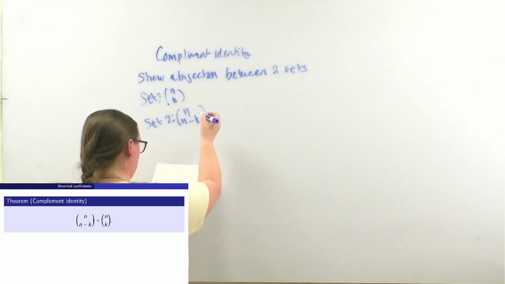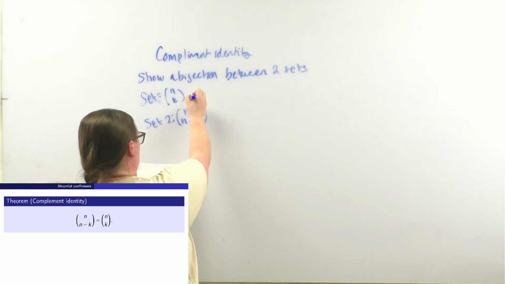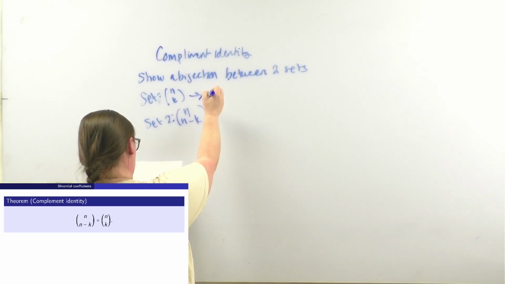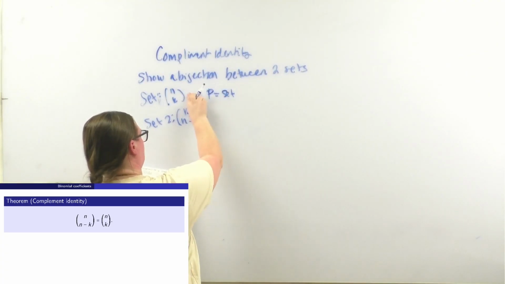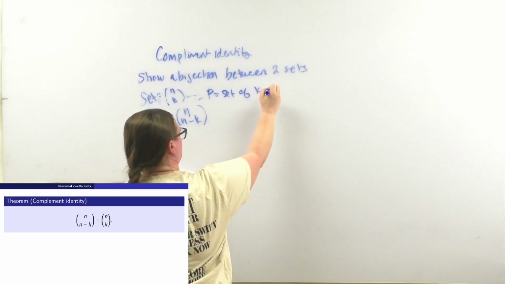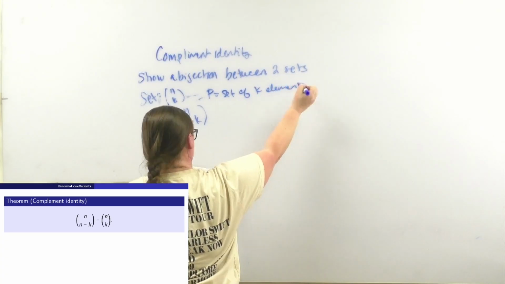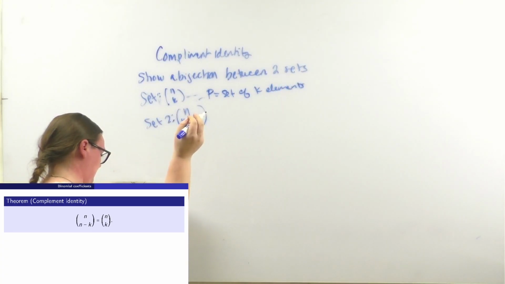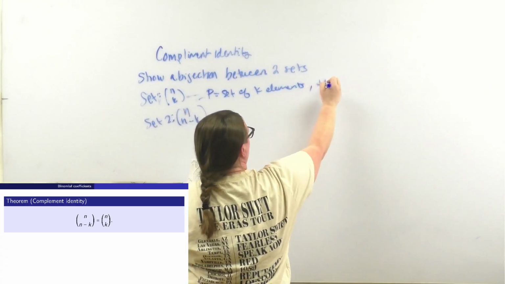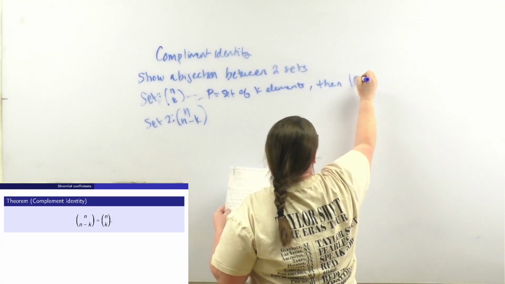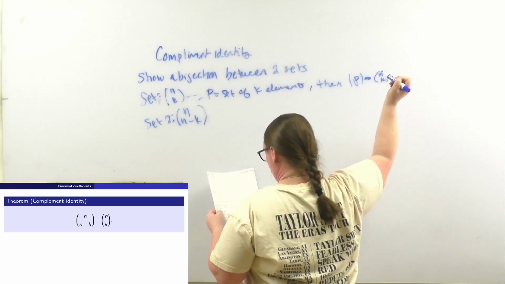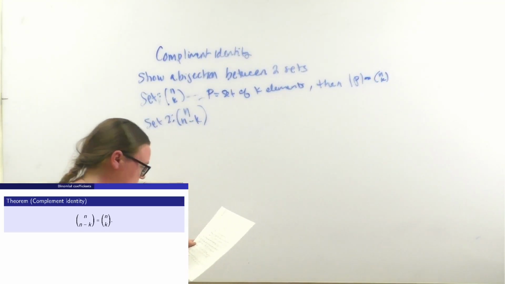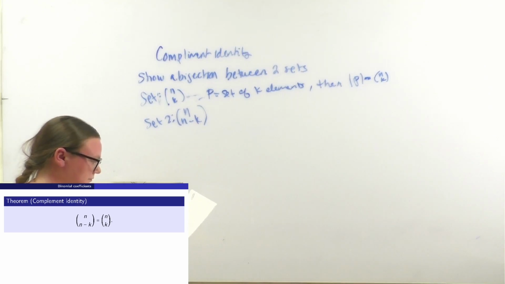So we're going to let P be the set of k-element subsets. Then the cardinality of P is equal to n choose k. Does that work for you guys? Cool.